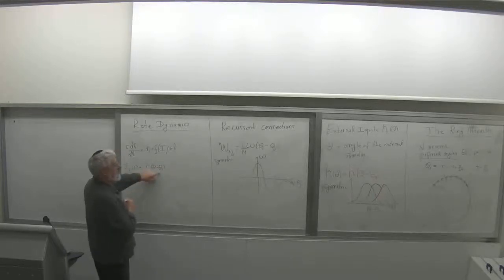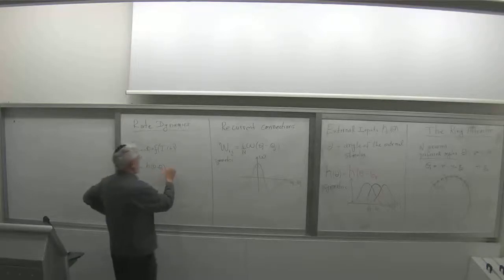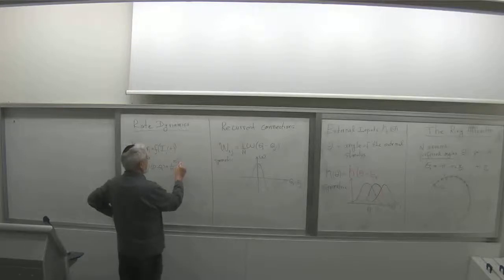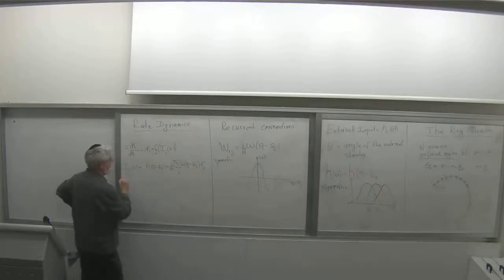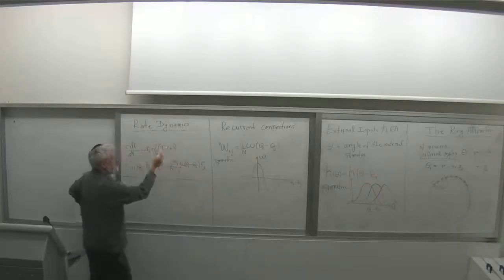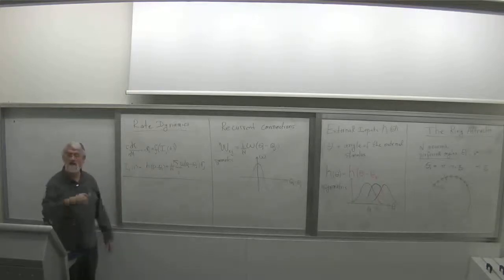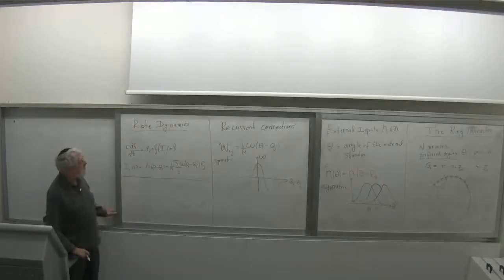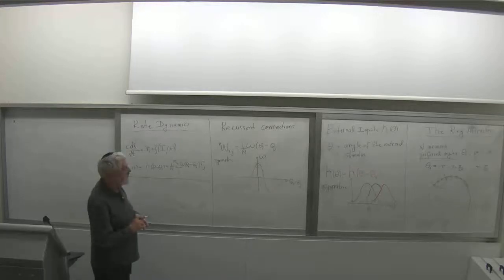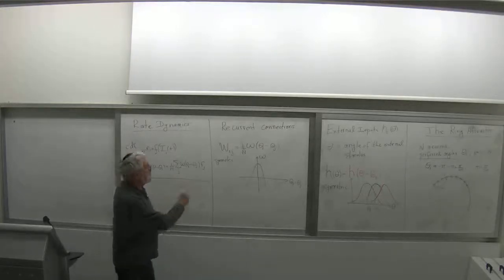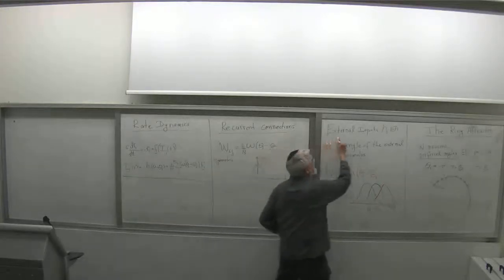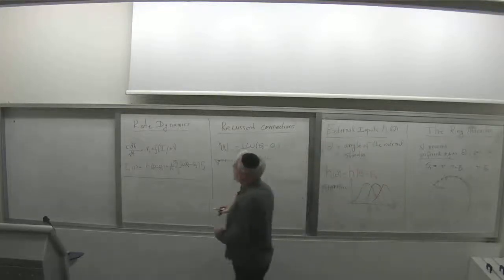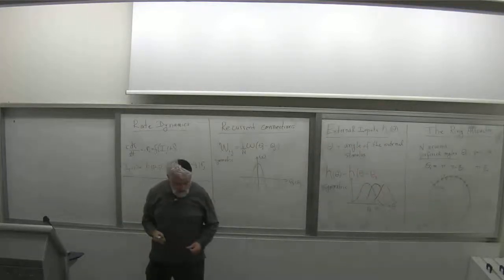So h of theta_i minus theta, plus 1 over n times the sum over j of w of theta_i minus theta_j times r_j. Okay, and f is some sort of nonlinear function, as we discussed earlier. All right, so we have recurrent connections, we have the external inputs, the general structure, and the dynamics.